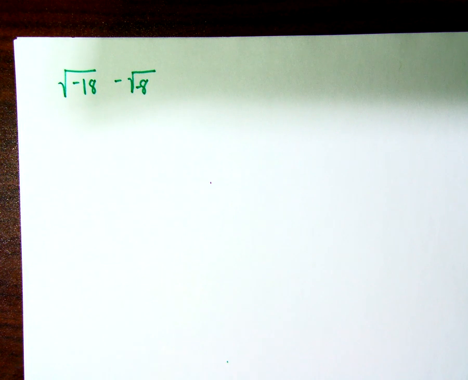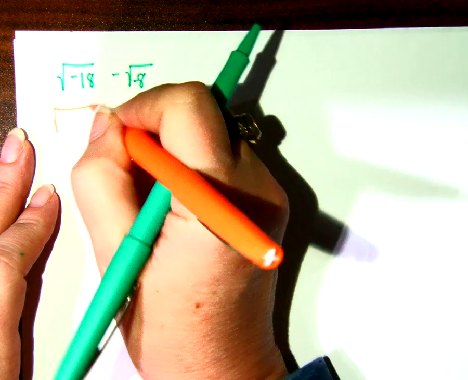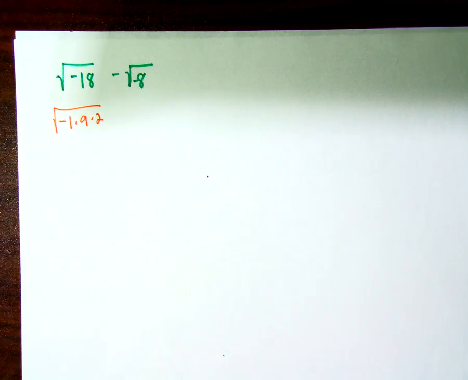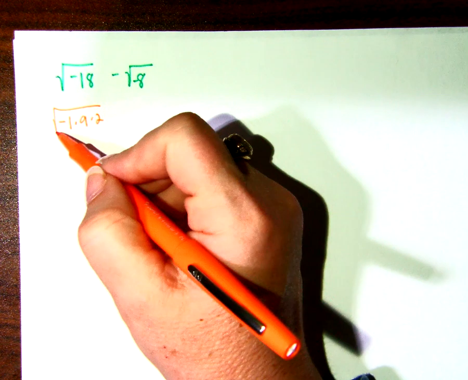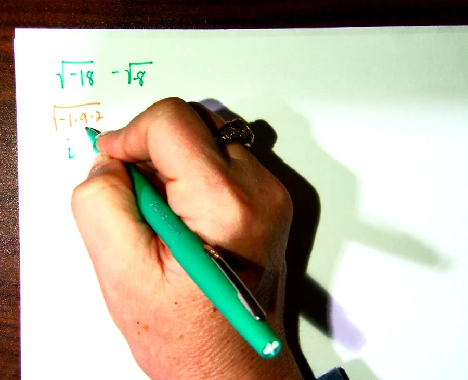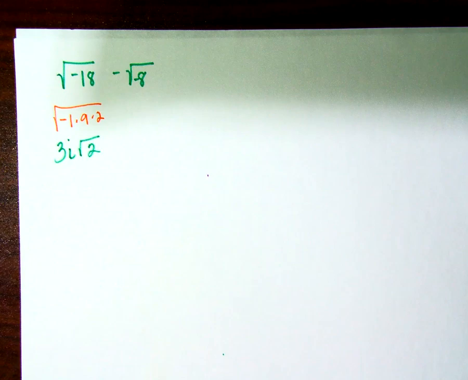Remember, the square root of negative 18 is the square root of negative 1 times 9 times 2. Why would I choose 9 and 2 instead of 6 and 3? You know the square root of 9, so I purposely choose something I know the square root of. What's the square root of negative 1? i. What's the square root of 9? 3. What's the square root of 2? I don't know either.